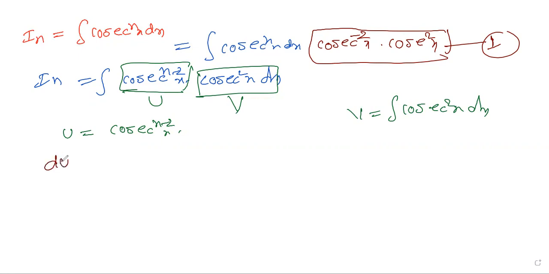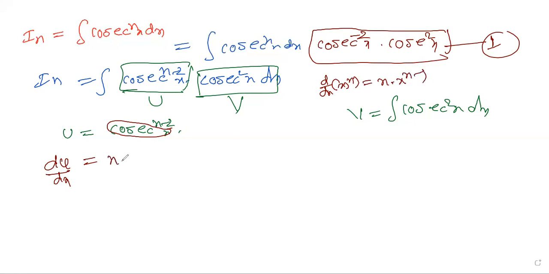Then du by dx is the derivative of cosecant power n minus 2, which is nothing but the differentiation of x power n. What is the formula? d by dx of x power n is n into x power n minus 1.